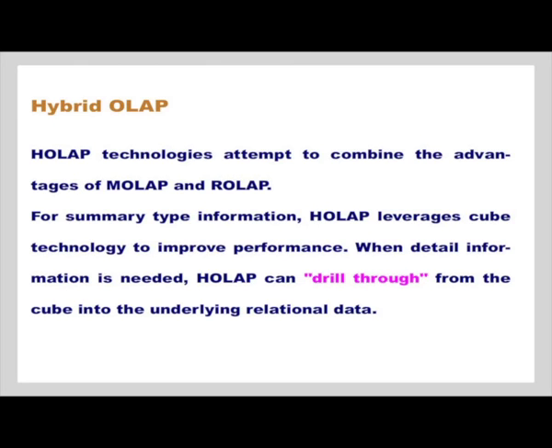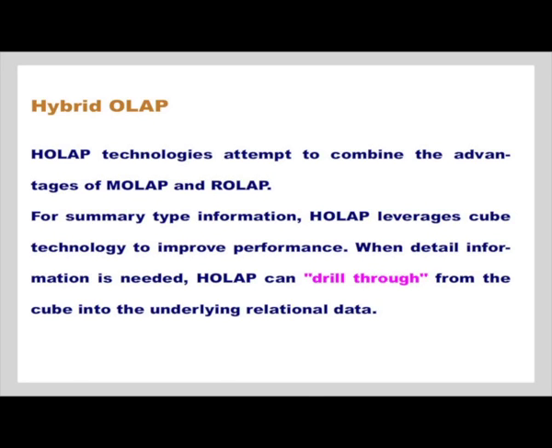The user has to strike a balance between performance and storage demand to get the most out of HOLAP, but it offers the best features of both OLAP and ROLAP. HOLAP is increasingly preferred. HOLAP technologies attempt to combine the advantages of MOLAP and ROLAP. For summary type of information, HOLAP leverages cube technology to improve performance.